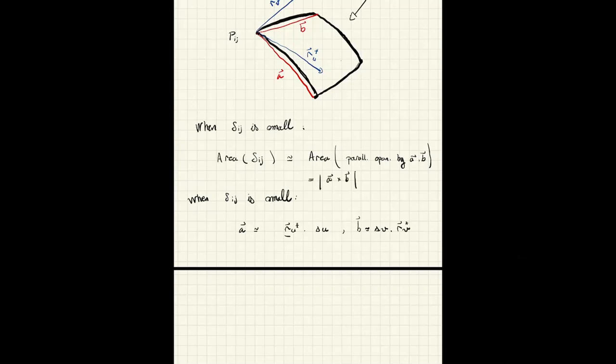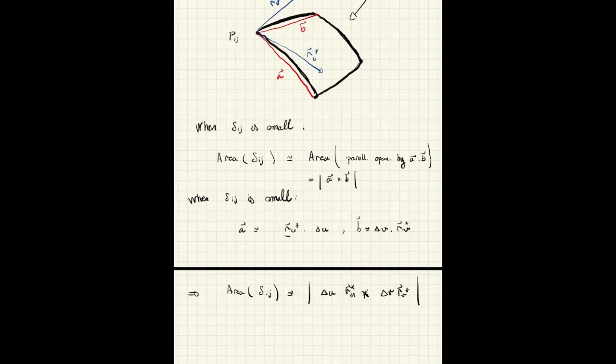If A and B are approximated, the conclusion of all of this is that the area of Sij is approximately given by the norm of the vector delta U R U star, cross product with delta V R V star.